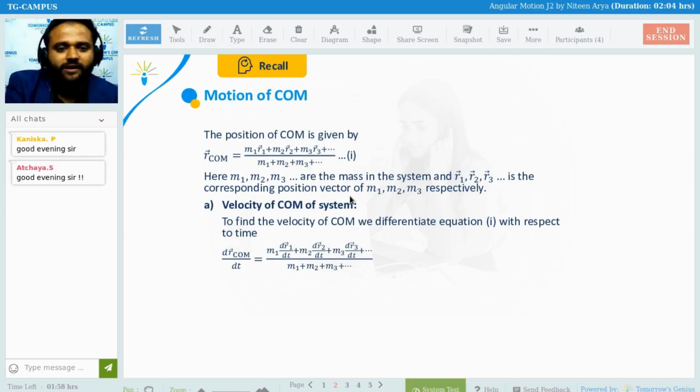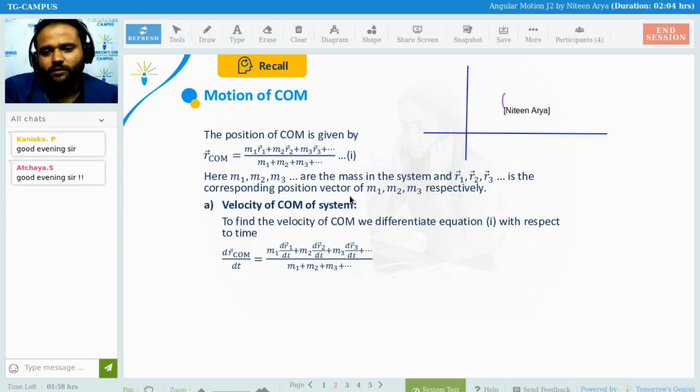So like we did this thing, it is a recall. Motion of center of mass is already there. Motion of center of mass states that if we have n number of particles, in any particular body which is discrete, we need to find a center of mass, which is an assumption, a point at the center.